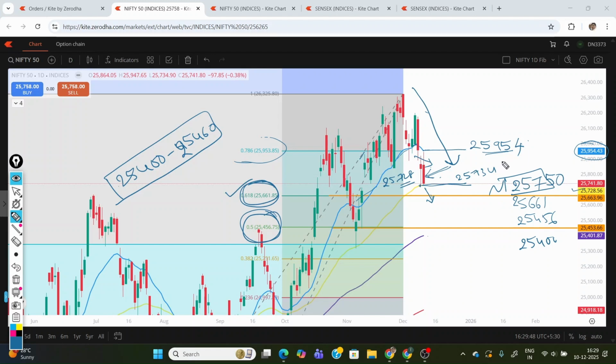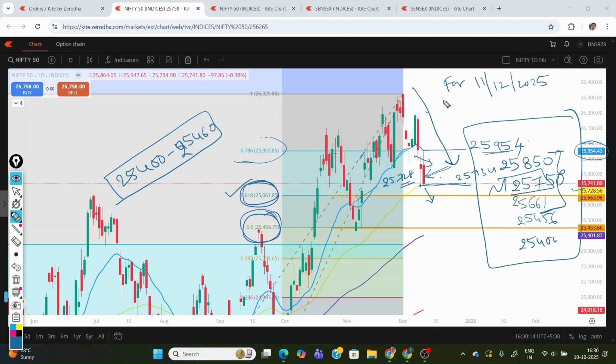For the sake of levels, let us write one more number, that is 850. These are the levels. The most likely levels for tomorrow are these three. This is for 11th December 2025. So this is our expectation for tomorrow.